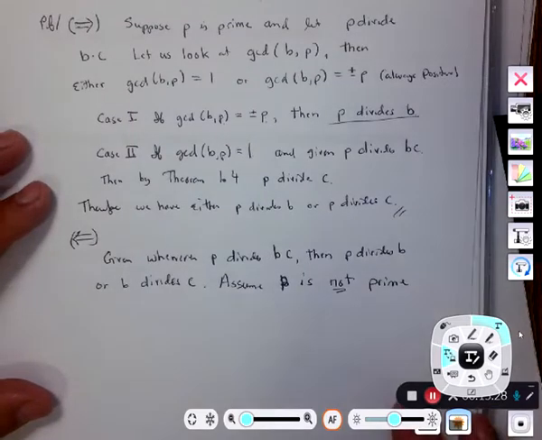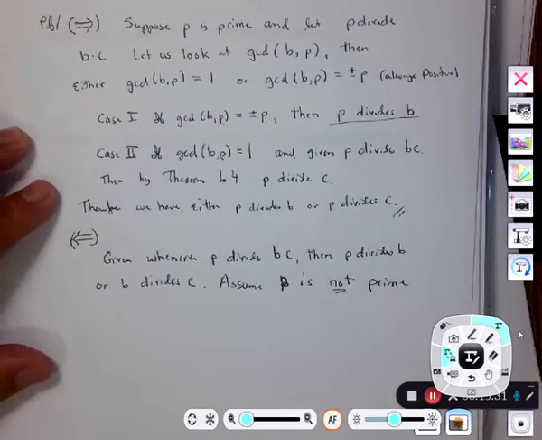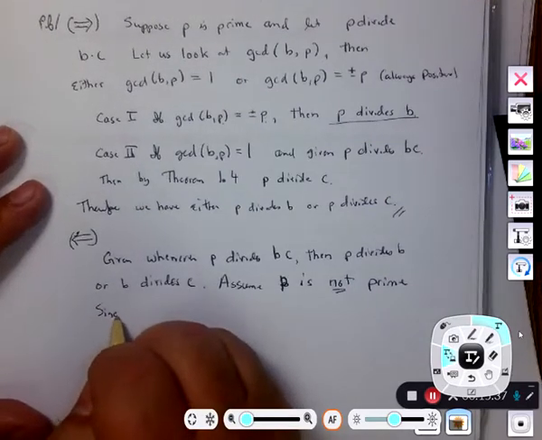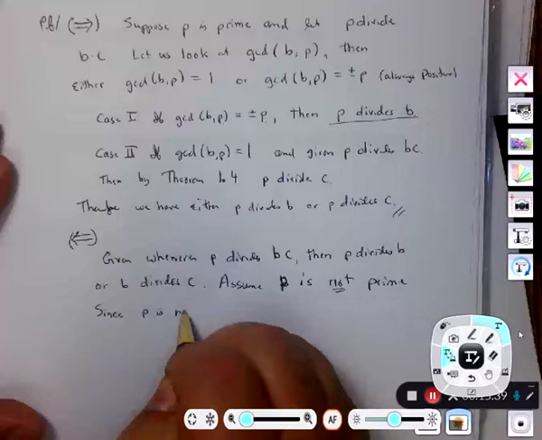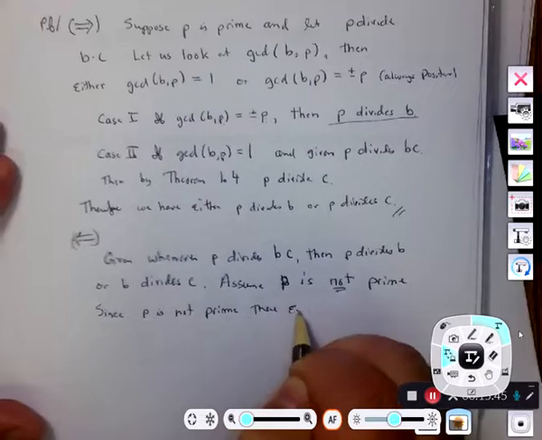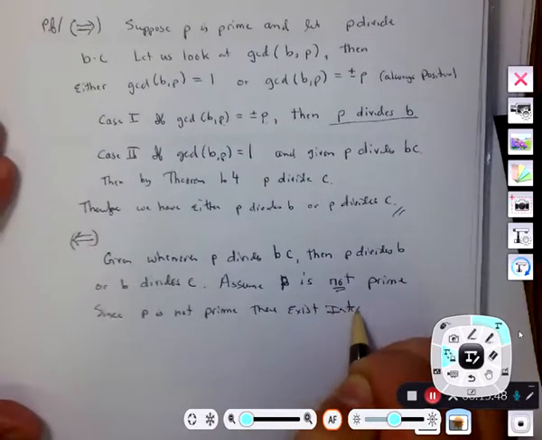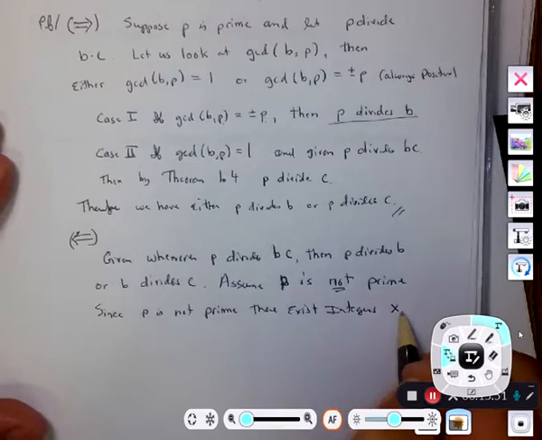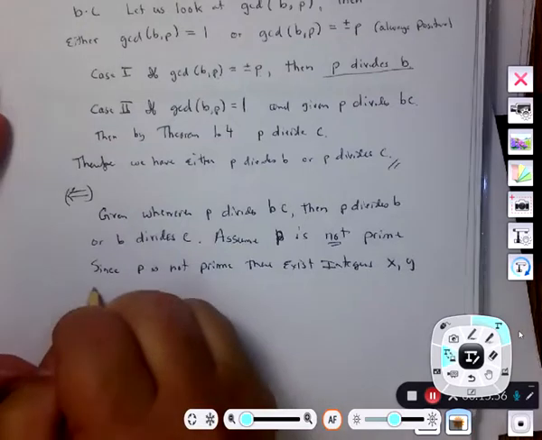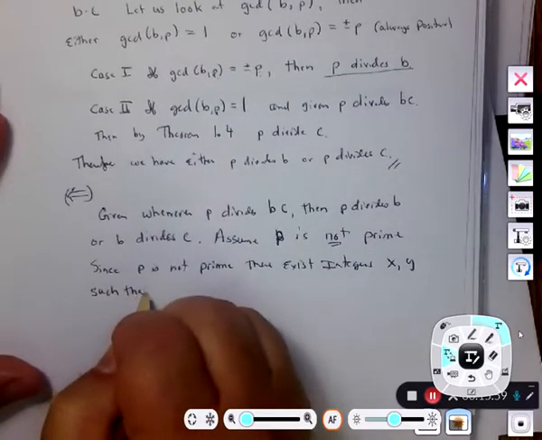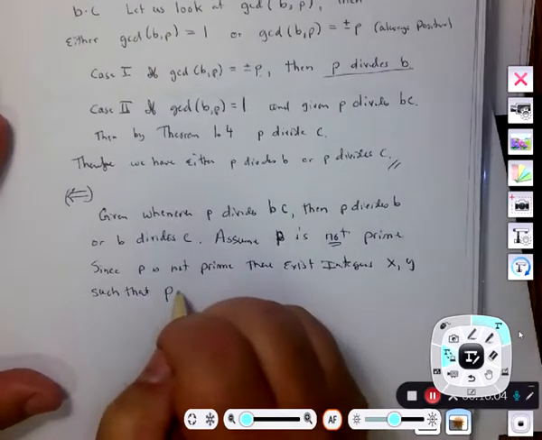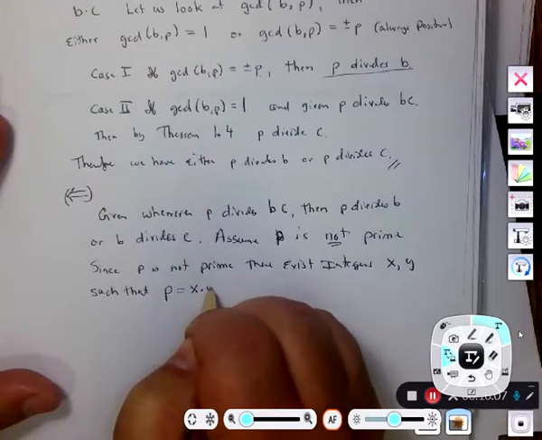So here we go. With that, since P is not prime, there exist integers, and just give myself a couple integers, x and y, such that P is equal to x times y.